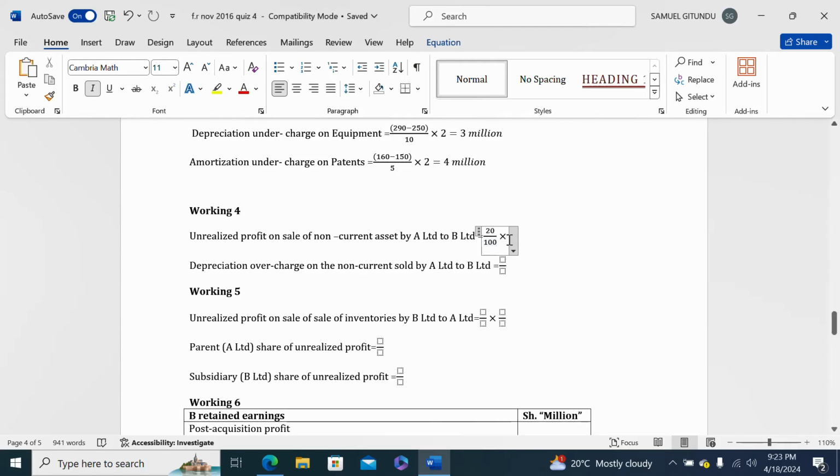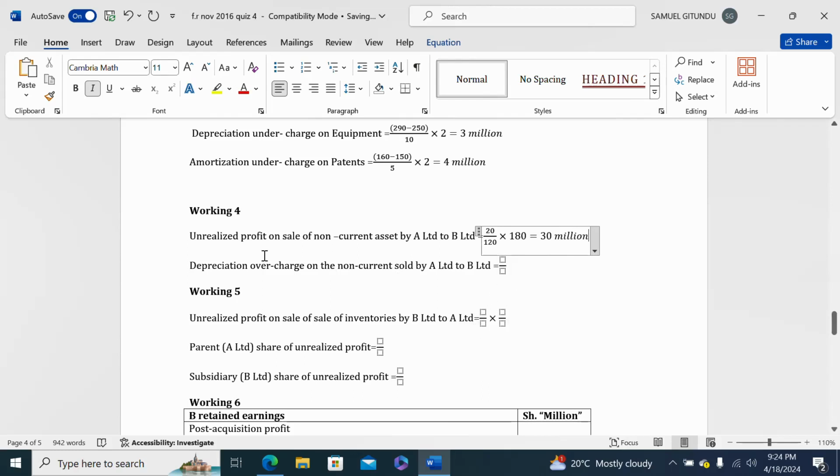We multiply by, no, it is 20 out of 120, because it was a markup, not a margin. 20 out of 120, then we multiply by 180, which we are getting 30 million. That now is the unrealized profit.